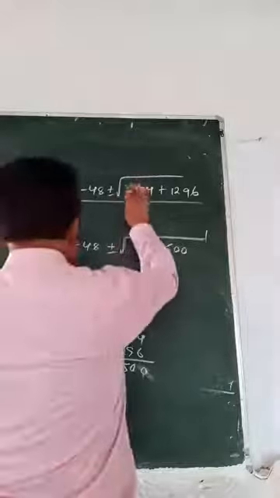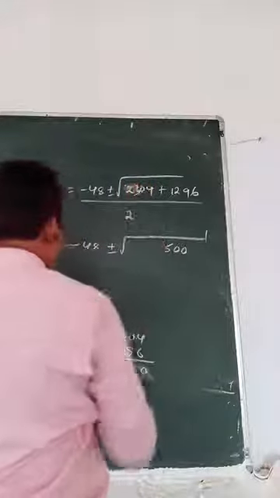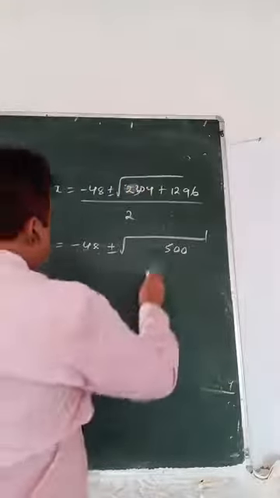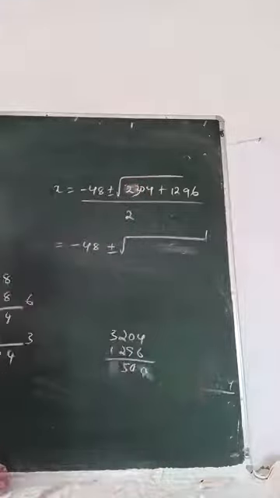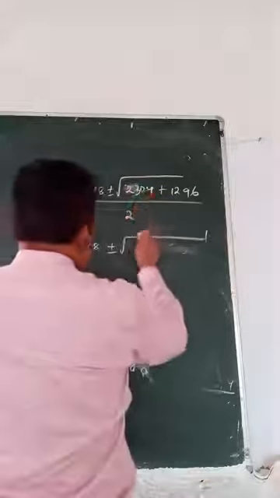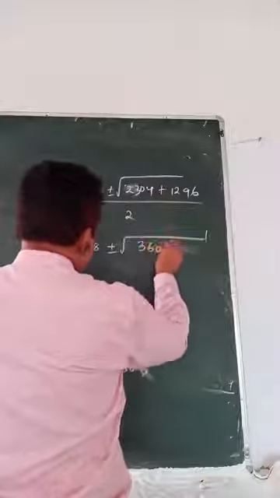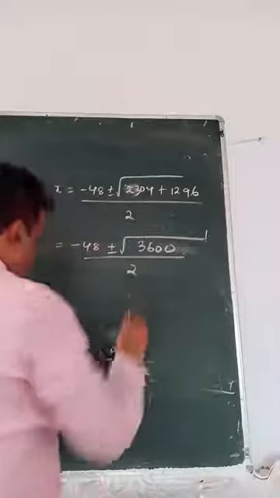This is a mistake, na? 2304 plus this is 3600 divided by 2.